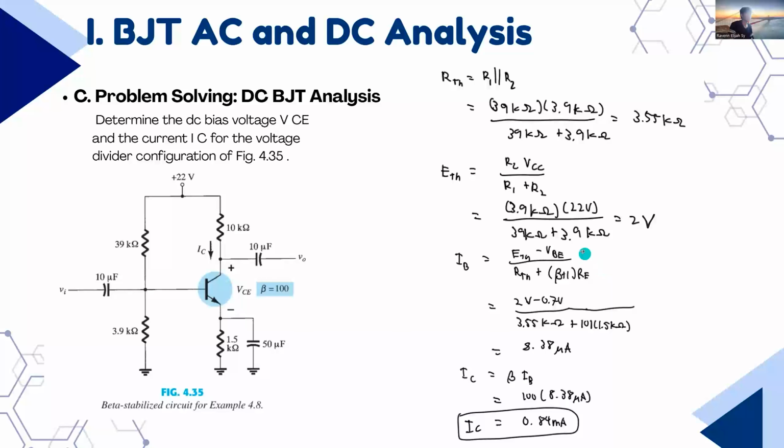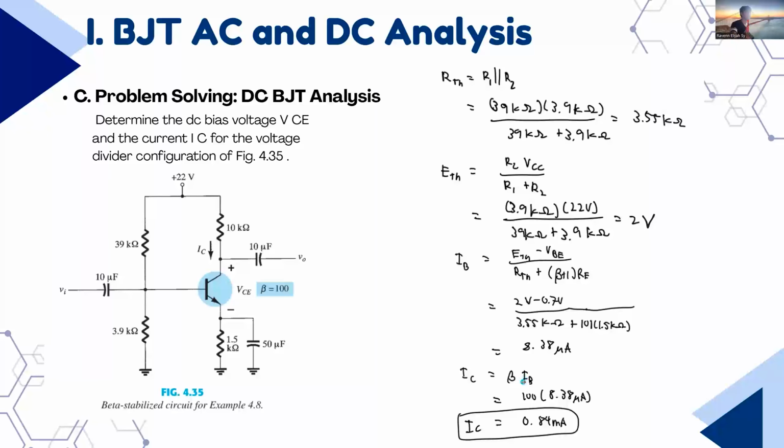So ETH is 2 volts here, minus 0.7 VBE, over RTH plus beta plus 1 times RE, which is 1.5. Then we compute IB, 8.38 microamps.